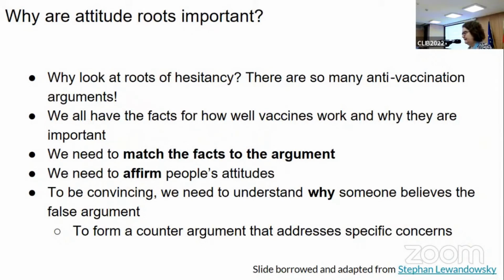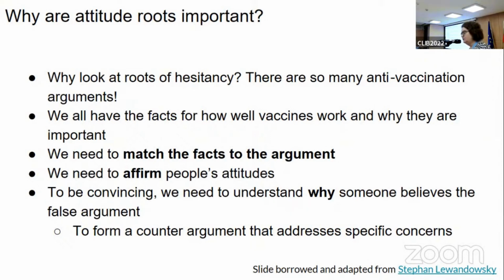Because we have facts and we know how well vaccines work and why they are important. So we need to match the facts to the argument, and we also need to acknowledge people's attitudes. So not just reject them without considering what is behind them, but we want to confirm them.